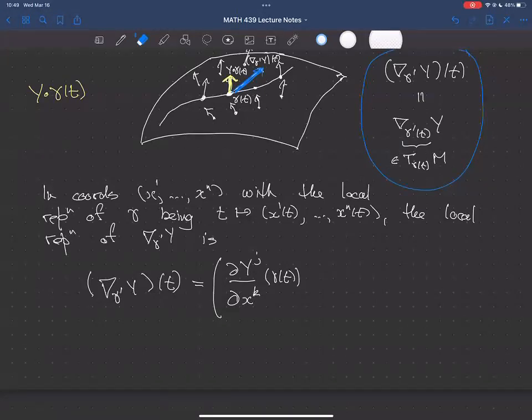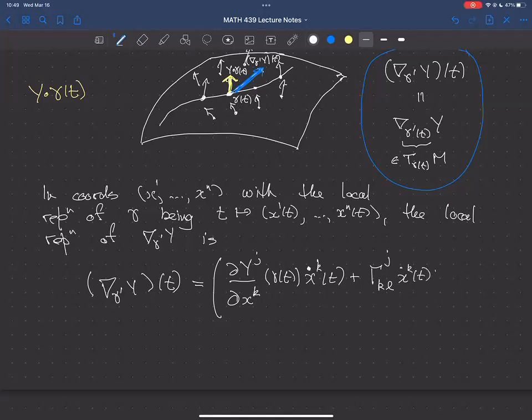So that's x dot k of t, plus gamma j k l, then capital X k is little x dot k, and then y l is evaluated at gamma of t.